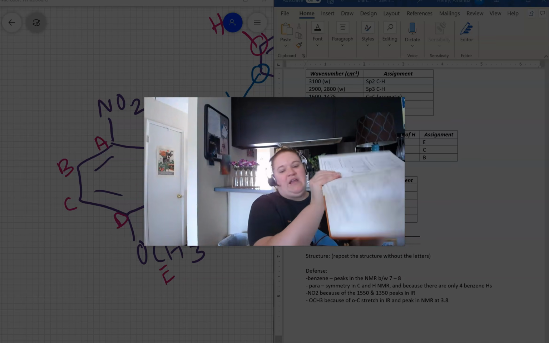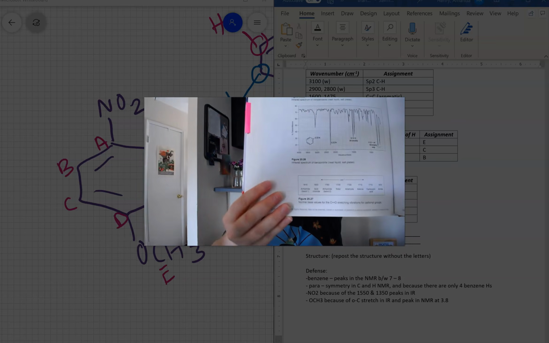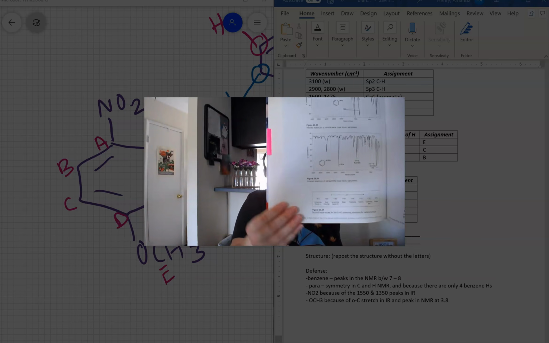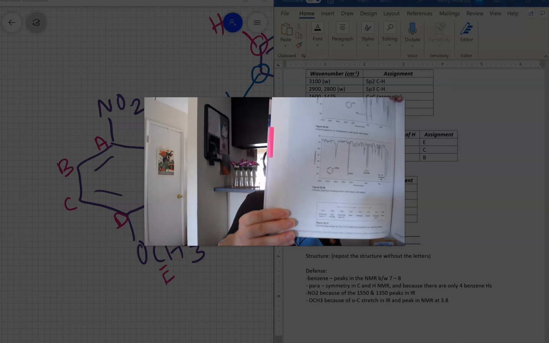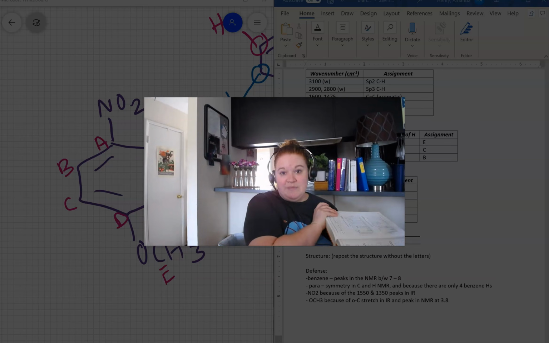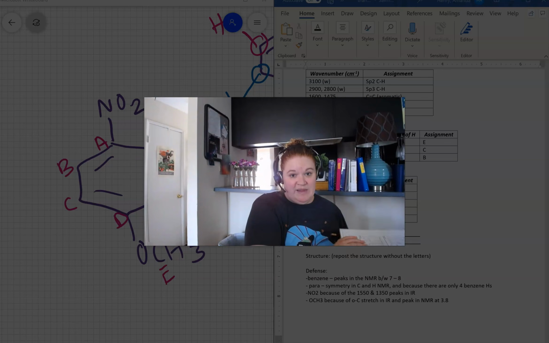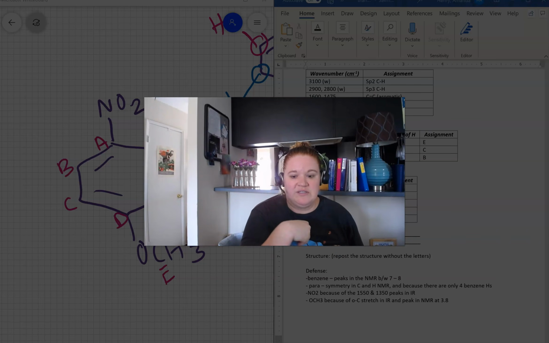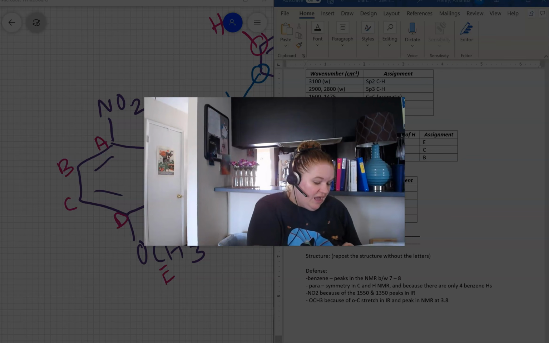One of the things I had mentioned is this little table that's on the bottom here. It tells you all of the different types of carbonyls and where we would expect to see them. We know that we normally get a carbonyl peak between 1600 and 1700, but this gives you good specifics. The other good table that's in here is the information about benzene rings.